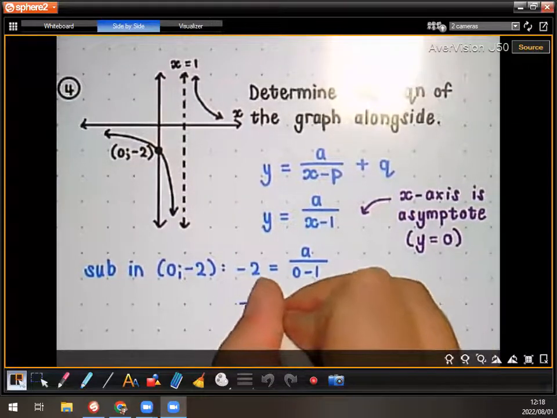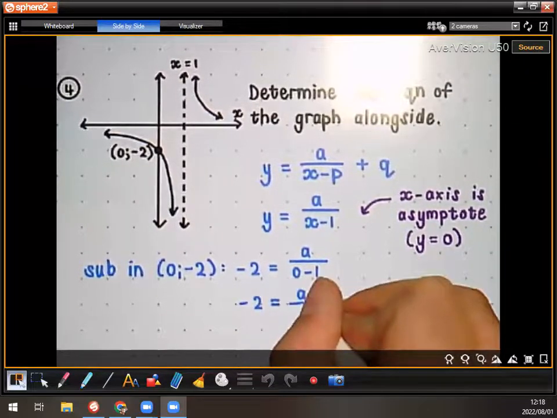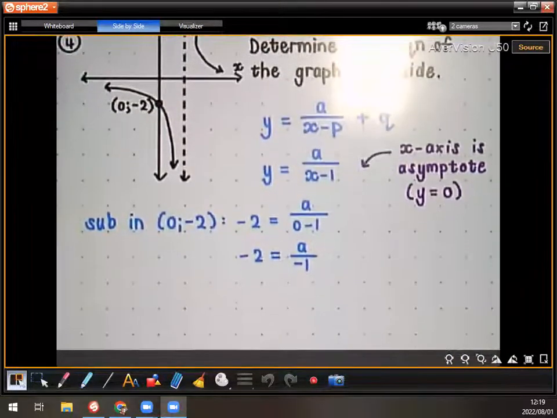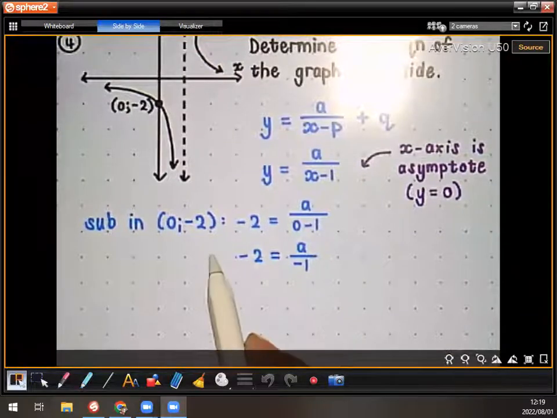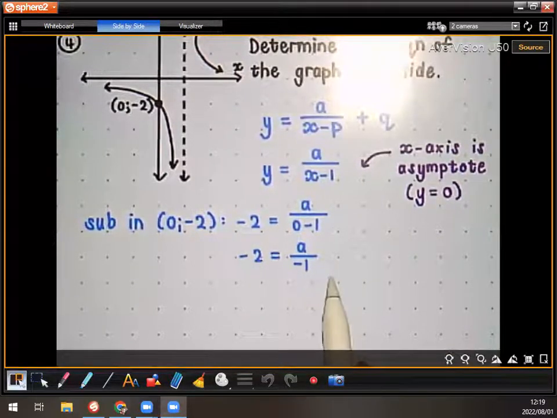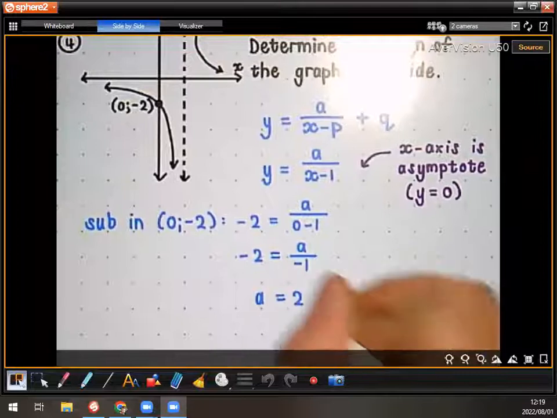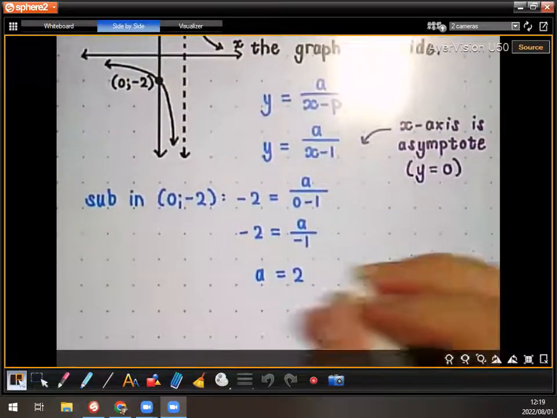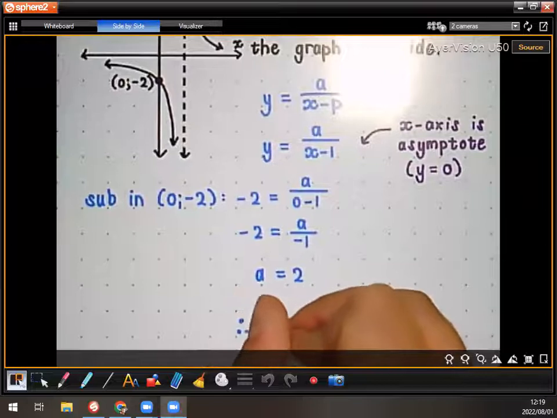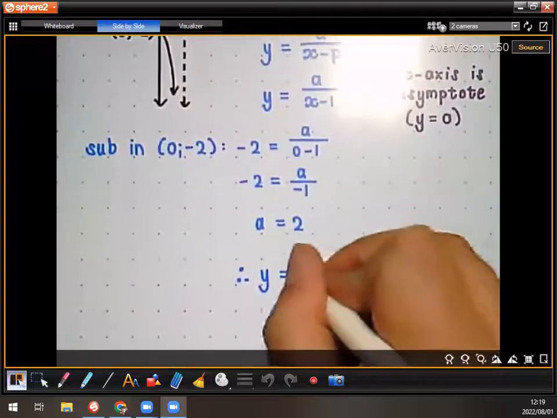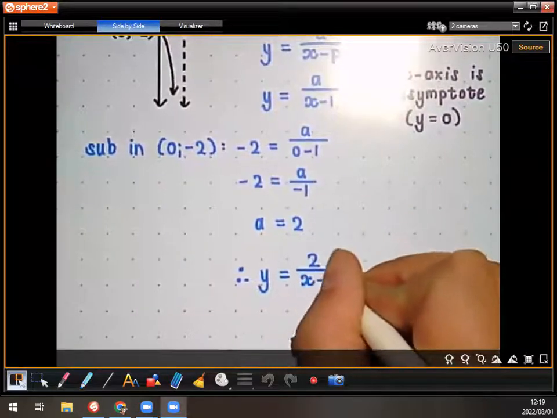You don't really have to write this as a separate step, but I'm doing it for the sake of completeness. 0 minus 1 is negative 1. So to get a on its own, on this side I'm dividing by negative 1, so on the other side I'm going to have 2 times negative 1, which is positive 2. Good. So a is just 2 in this form. Therefore our equation is y equals 2 over x minus 1. Good.